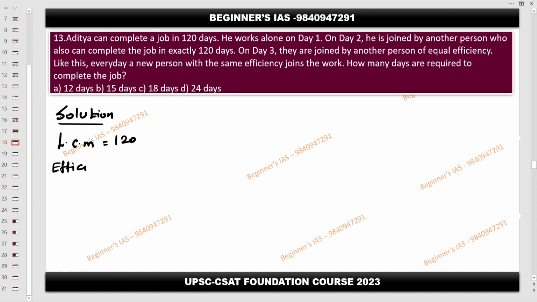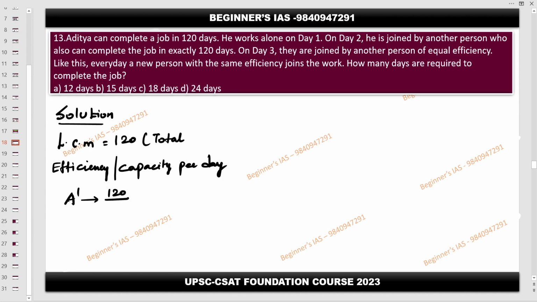Efficiency, or else you can call that capacity, capacity per day. So A's efficiency per day is equal to, total work is nothing but the LCM.